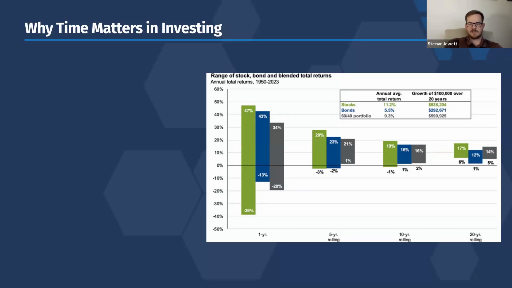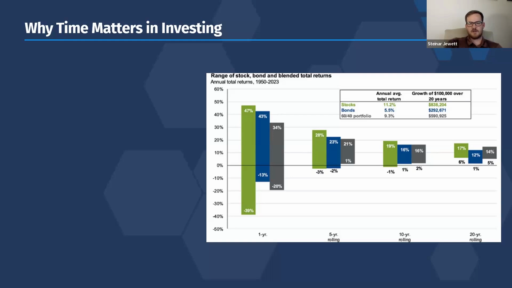With stocks, it could be minus 39, 40%, even more, all the way up to a huge gain of 30, 40, 50%. But as time goes on, these bars are getting shorter and shorter, meaning the volatility isn't as bad and you can expect a smaller positive return over a longer period of time.